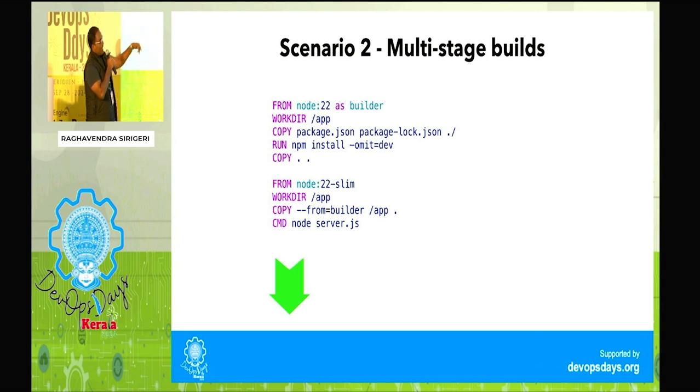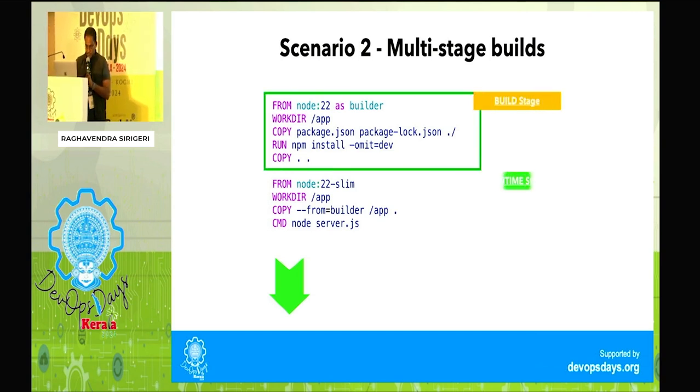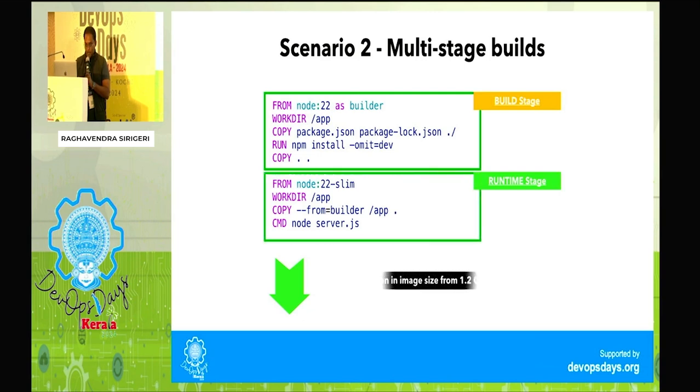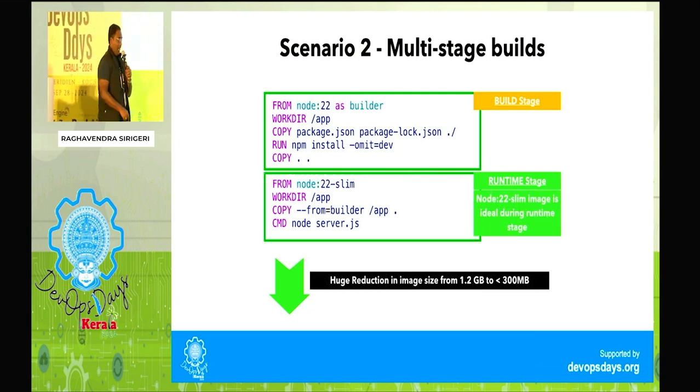Then in the second part, I'm going to copy all the installed packages, and then run it. Okay? When I do something like this, I get a huge reduction in image size. It goes from 1.2 GB to less than 300 MB. Can anyone tell me what is the core reason why this is happening?